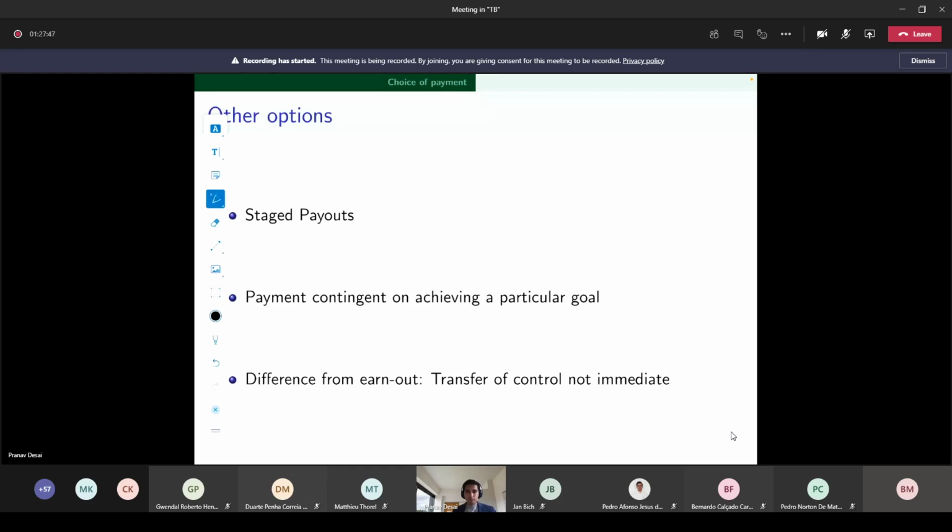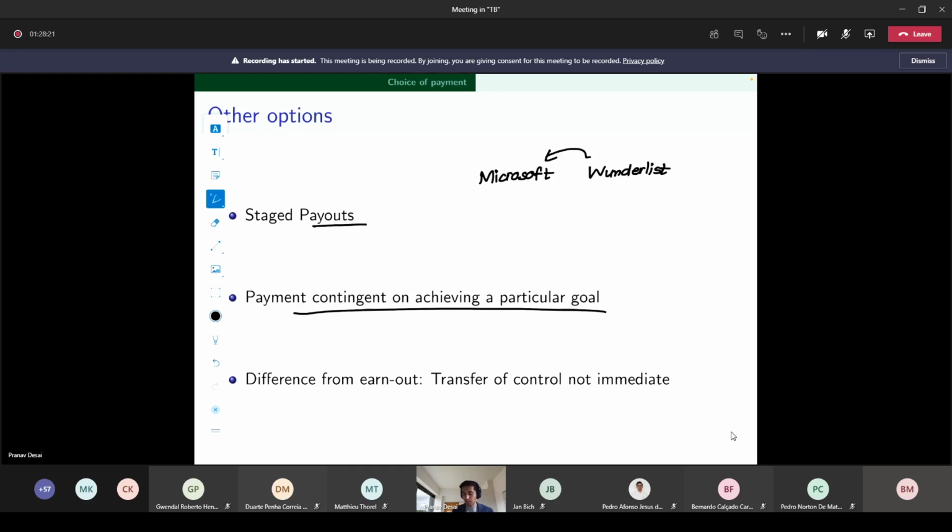There are other ways of embedding these options within the entire payment method. One of them is staged payout, which is very similar to an earnout. The payment is contingent on achieving a particular goal. Now, the main difference is that in an earnout, say where Microsoft took over Wunderlist, Wunderlist became a wholly owned subsidiary of Microsoft before the earnout payment was made.